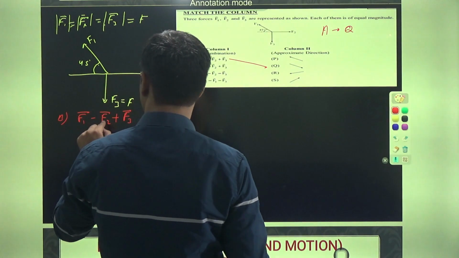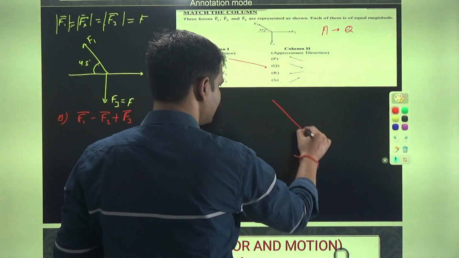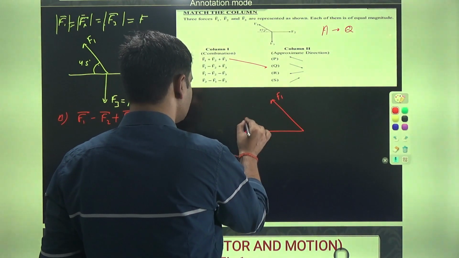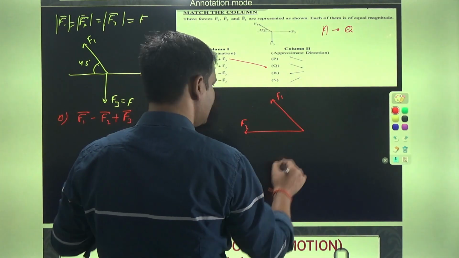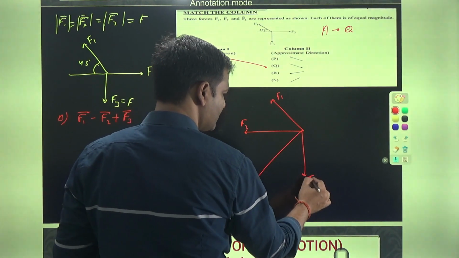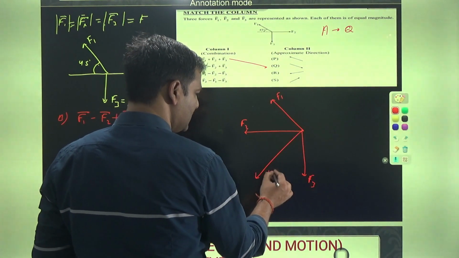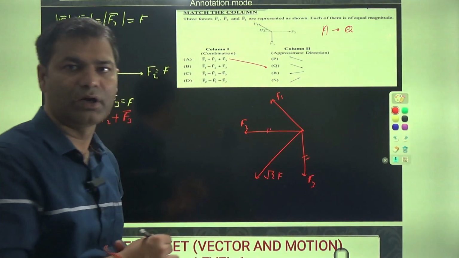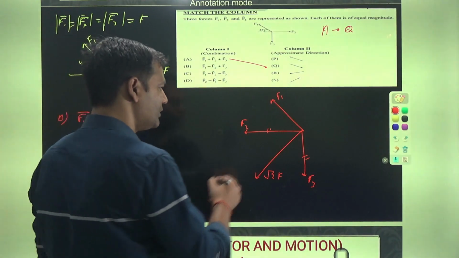F1 direction like that, F2 direction like that, minus F2 direction like that, and F3 direction like that. The resultant of these two is root 2 F. Clear or not? The resultant of these two is root 2 F. How much angle? 45 degrees.